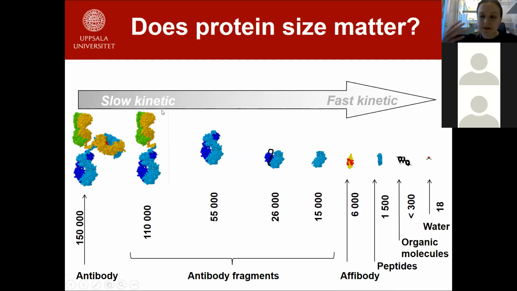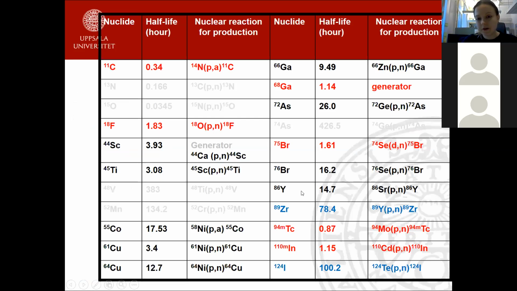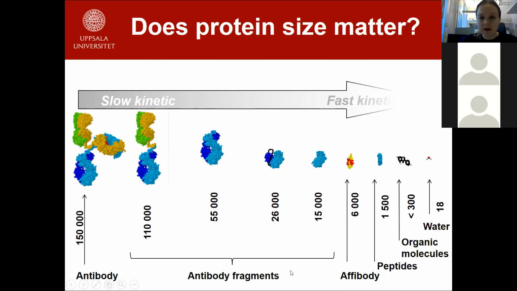So if you want to detect some biological processes, we should also use nuclides with long half-life that would allow that. For example, for antibodies, it will be nuclides that are here in blue. So it will be zirconium and iodine because they have the longest half-lives.